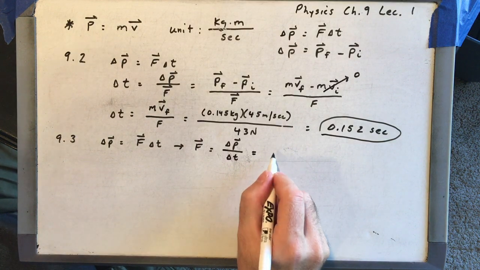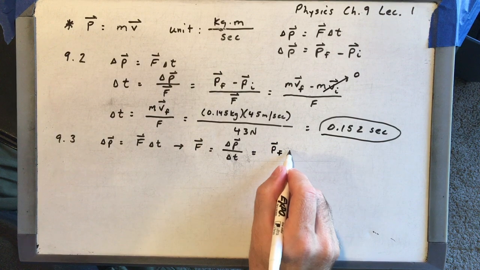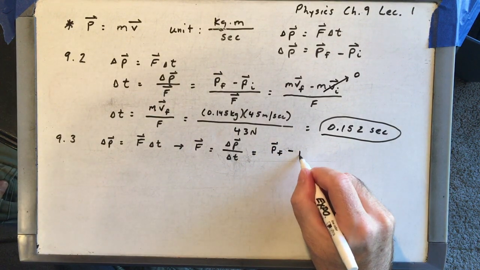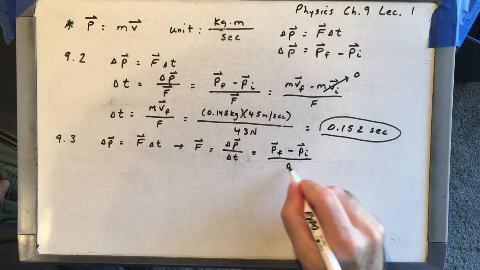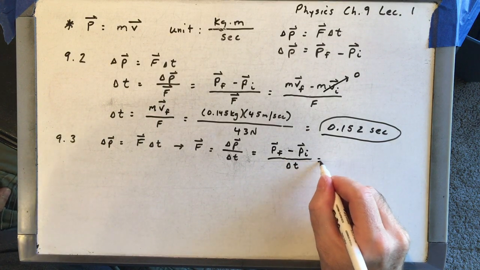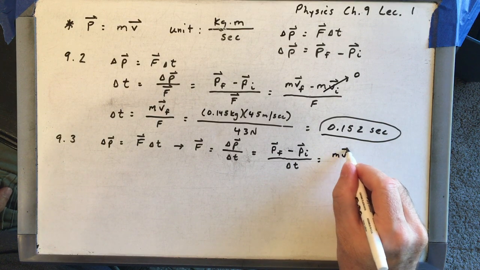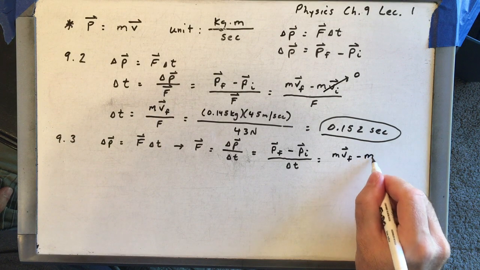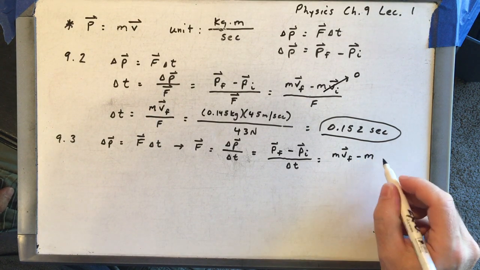That's going to be the final momentum minus the initial momentum over the change in time. And so that's going to be the mass times the final velocity minus the mass times the initial velocity. Did it again, dadgummit.